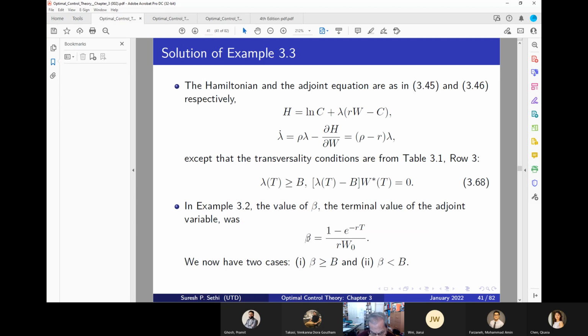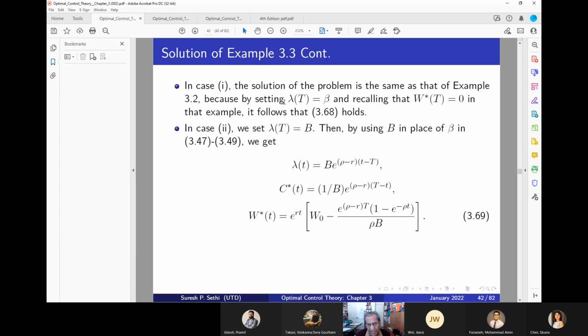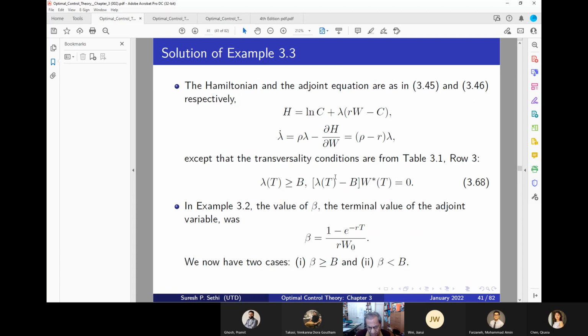Because if I put lambda t equal to beta, then beta is bigger than b, and wt is 0. So this is satisfied and this is satisfied. See, wt is 0 already.